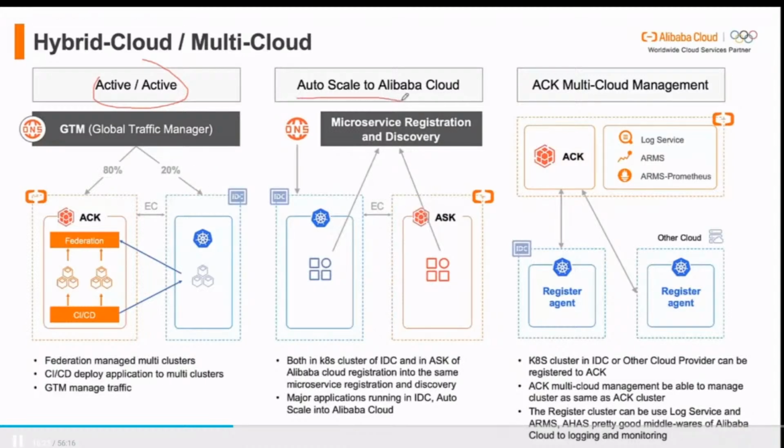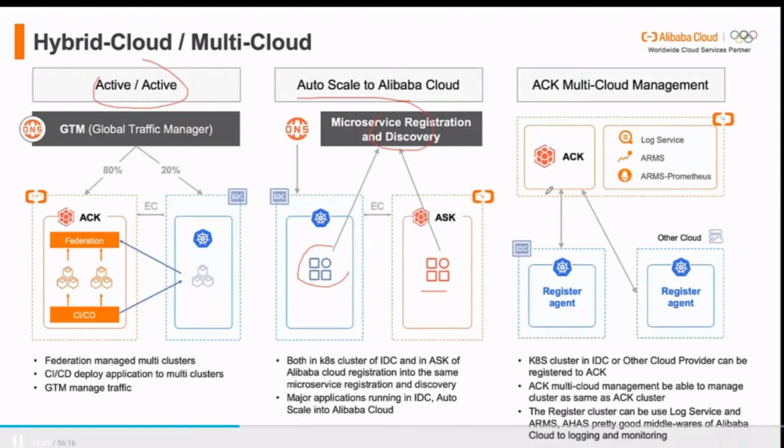The second one is autoscaling to Alibaba Cloud, where the major application runs on the IDC. When the application needs to scale, it can auto-scale into Alibaba Cloud. Both services need to register themselves to the same microservice registration and discovery gateway. The third one we call ACK multi-cloud management.